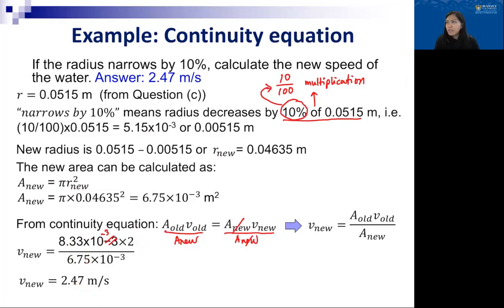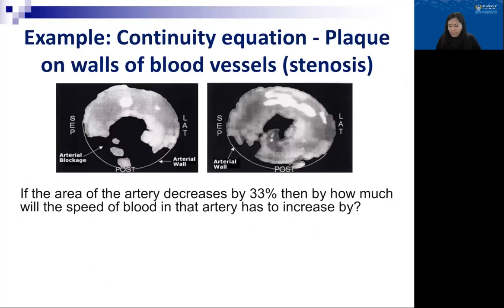All right. Are we happy with that solution and using the continuity equation to find the new speed? All right. Okay, now let's apply the continuity equation to a physiological problem. Here, the area of the artery decreases by 33% because of some blockage, maybe cholesterol blockage or something.